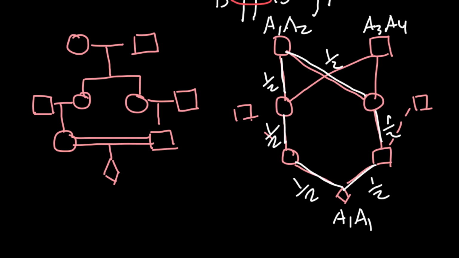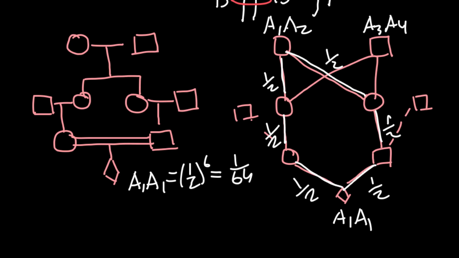So the probability of genotype A1, A1 would be 1/2 raised to 6, which equals 1/64.